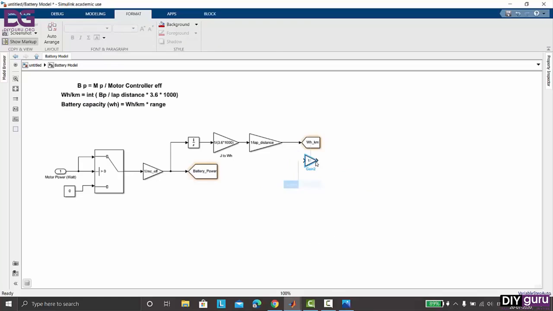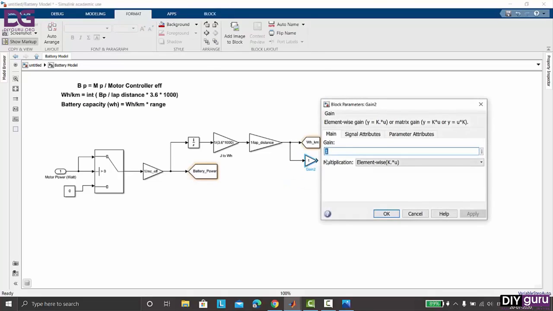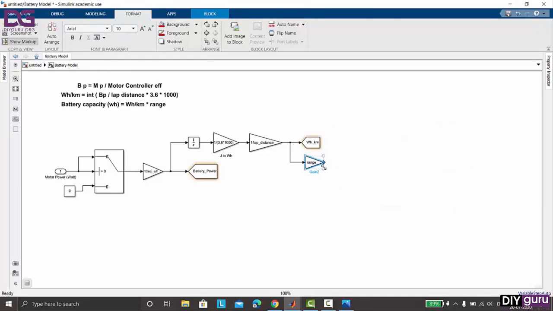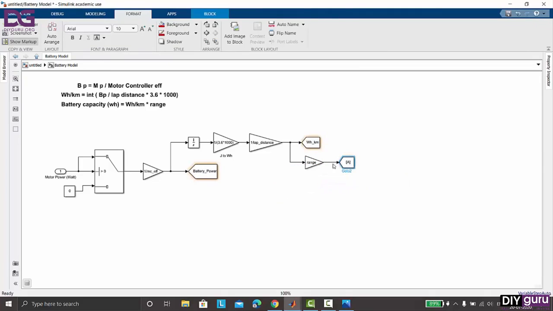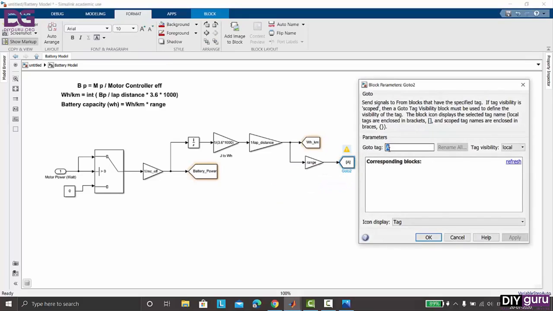Add one gain block, give the input of watt hours per kilometer and multiply by the range. So we get the battery capacity in watt hours.